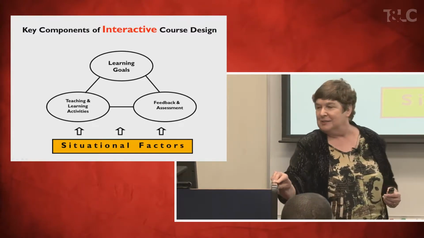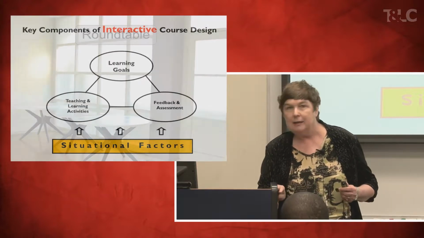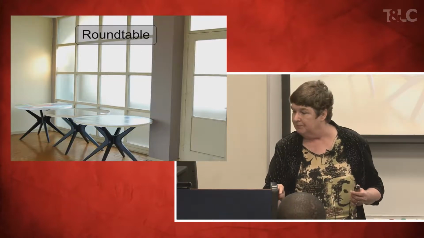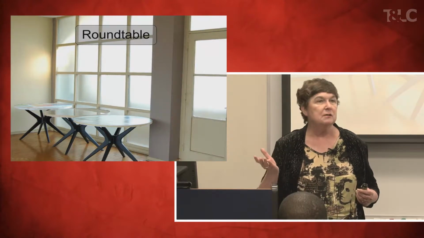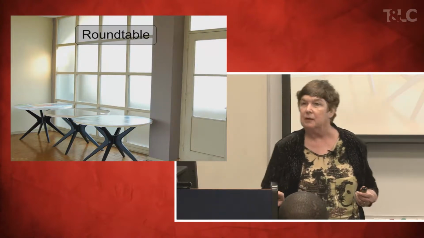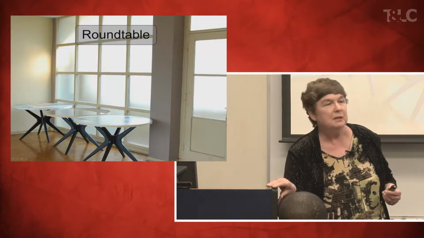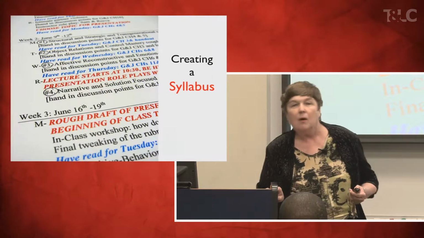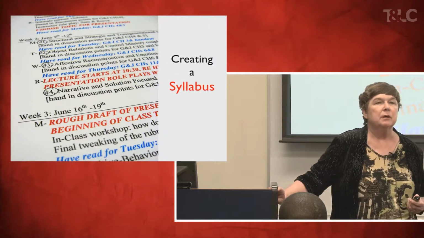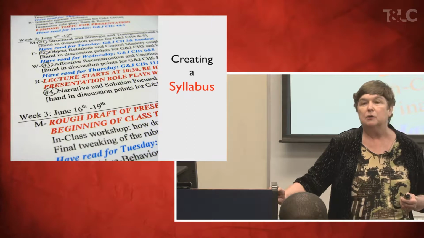So we're going to look first at situational factors, and we're going to do it through a roundtable. If you remember a roundtable, it simply means I'll ask you to take out one sheet of paper. If somebody's got a tablet, you can be the donor. I'd like you to brainstorm all the situational factors you want to think about when you're creating a course.